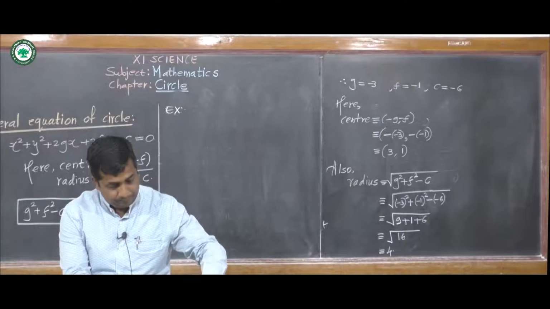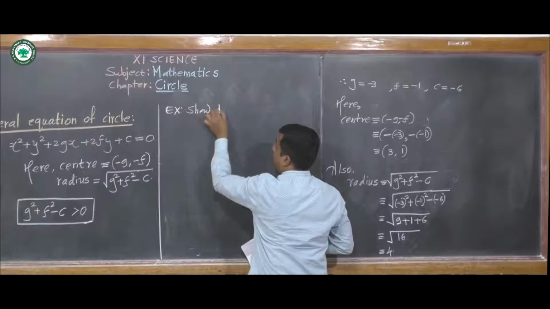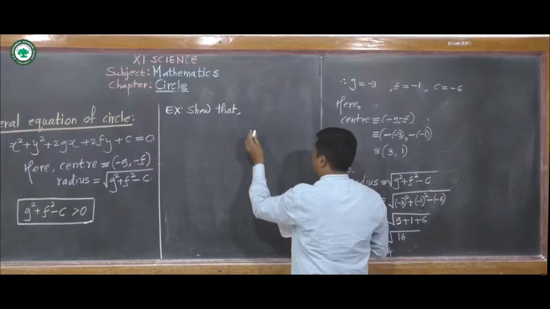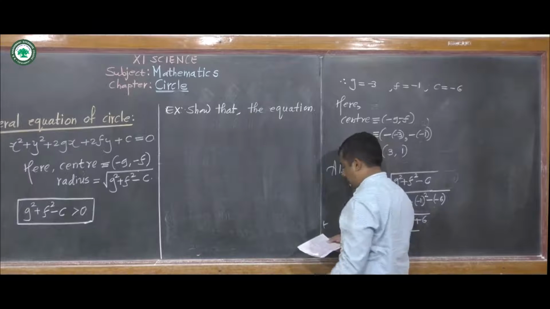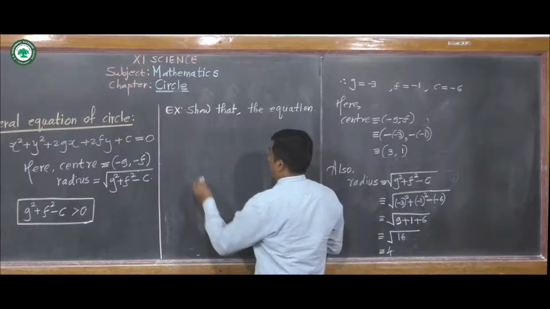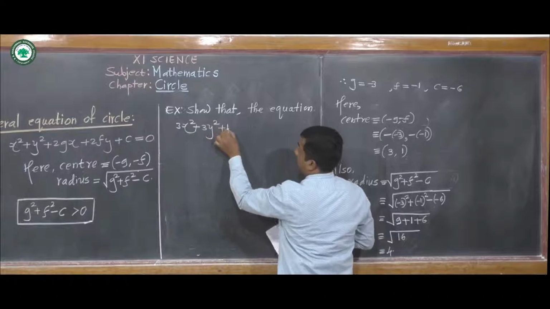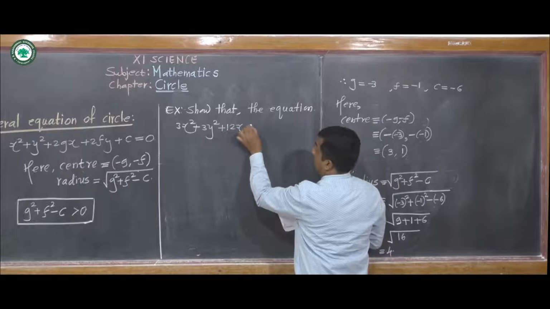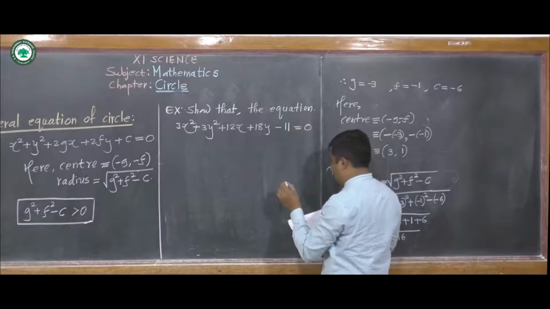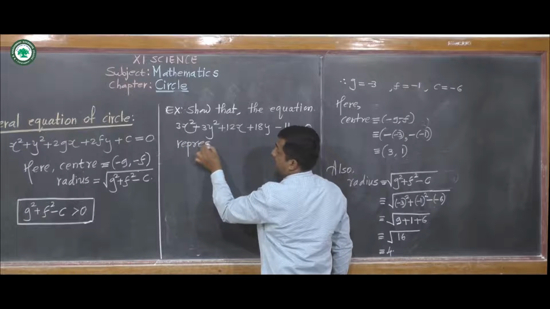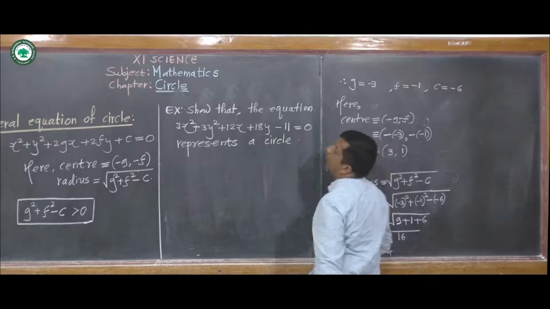Example: show that the equation 3x square plus 3y square plus 12x plus 18y minus 11 is equal to 0 represents a circle.